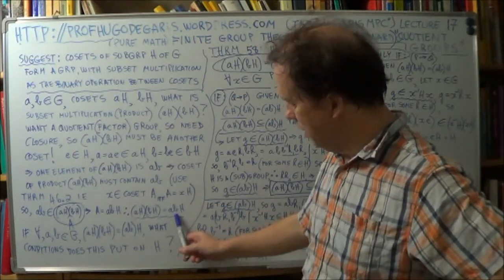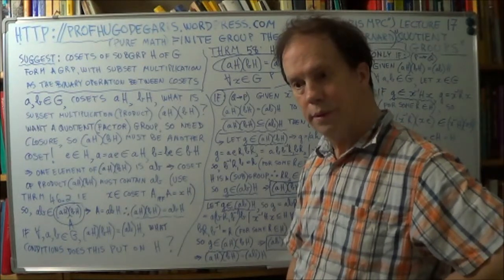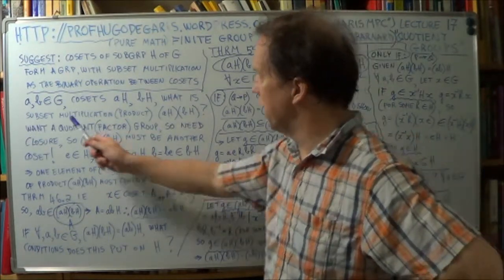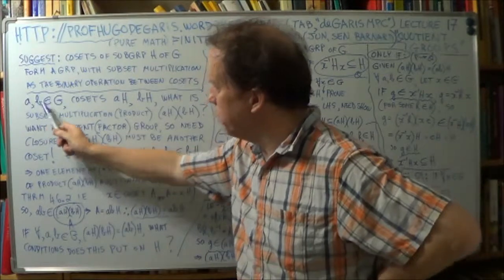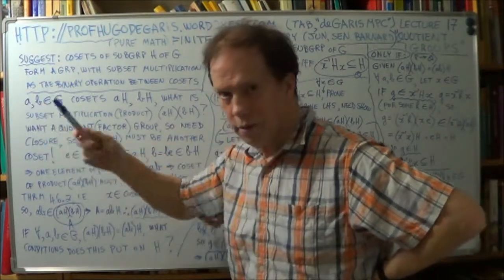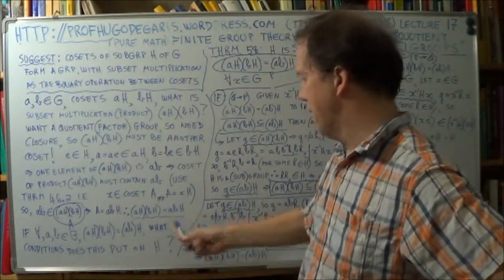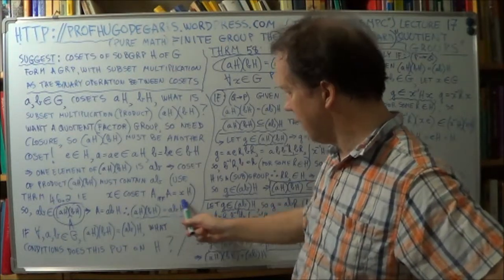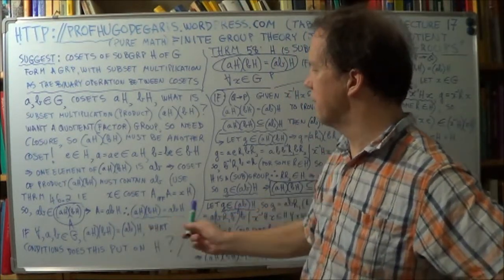Because ab is a member of your original group G. If a and b belong to the group, then ab, the product, also belongs to the group. So this is another coset, maybe different from these, not necessarily.